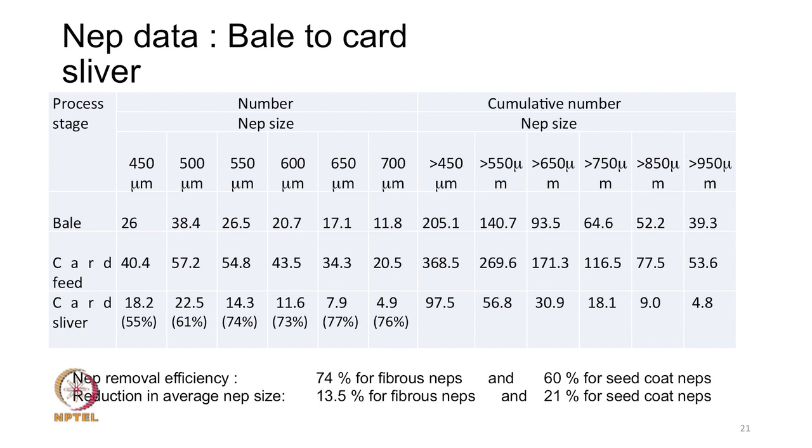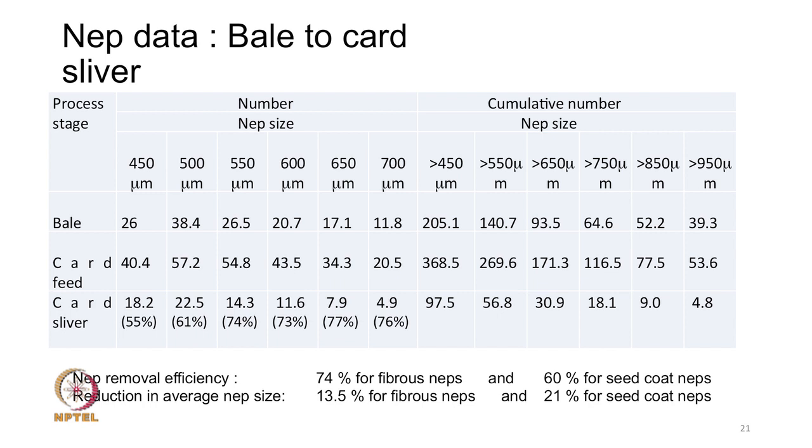Therefore, ideally naps will be removed by the carding machines, and the removal efficiency can go to the extent of 74% in the case of fibrous naps, and for seed coat naps it can go to the extent of 60%.